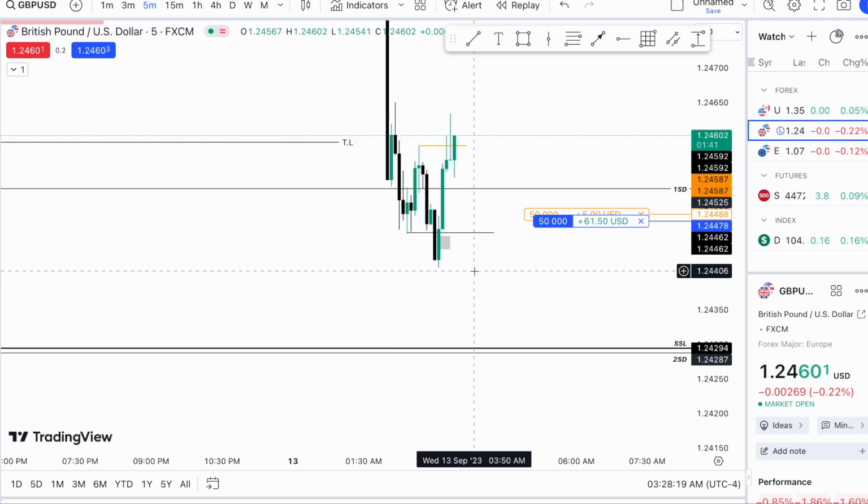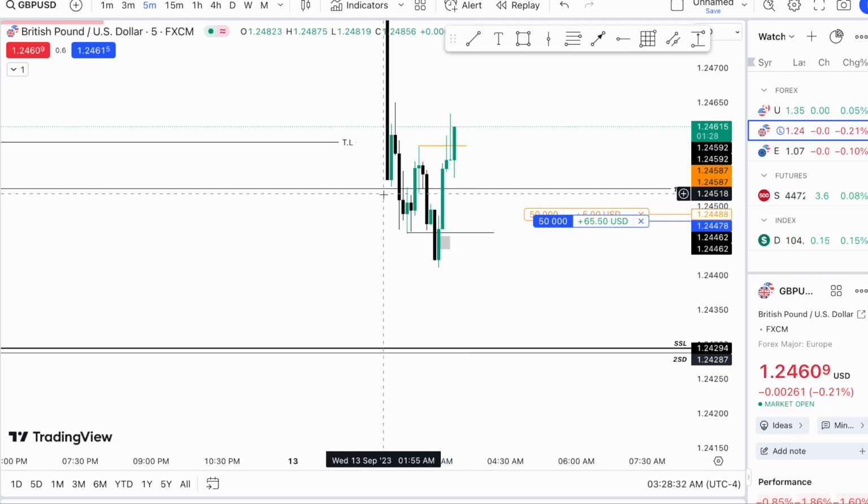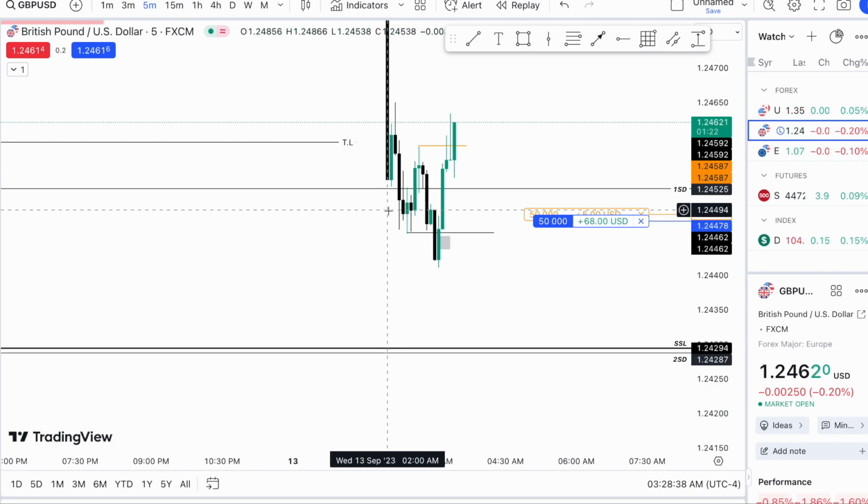So the best thing to do is just to allow price to trade down into the area, re-engineer liquidity, and while you're doing your studies, you'll understand that price loves to do this, where it trades down, gives you this cookie here, goes up, comes back down, which would be this price action here.